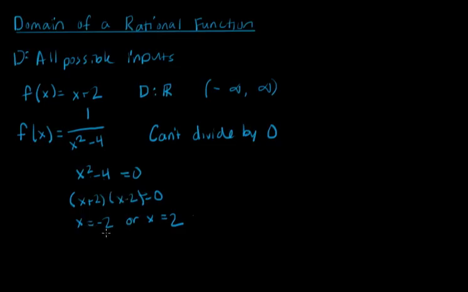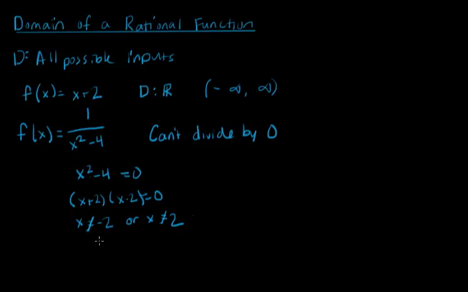So if we now know that x has to equal -2 or x has to equal +2, those are actually the problems. And in this case, x cannot equal -2 and x cannot equal +2. That's because if we plug in either plus or minus 2, when we square it, it's going to be +4, and when we subtract 4, it's going to be 0. So we can't do that.